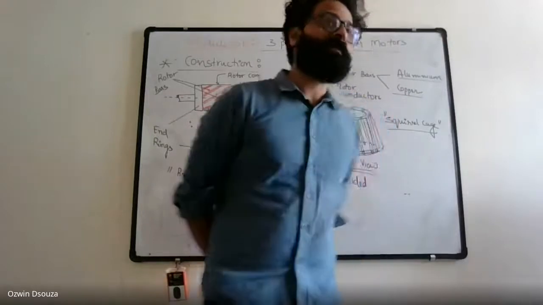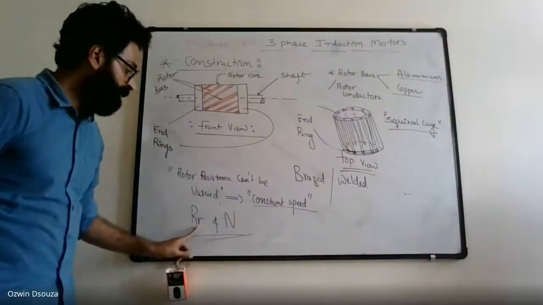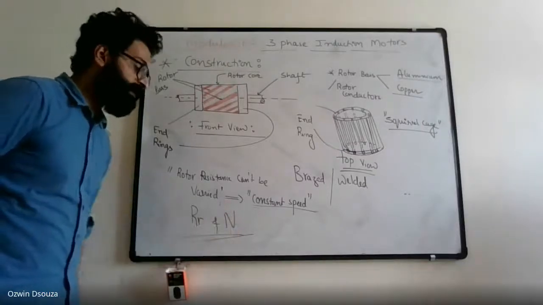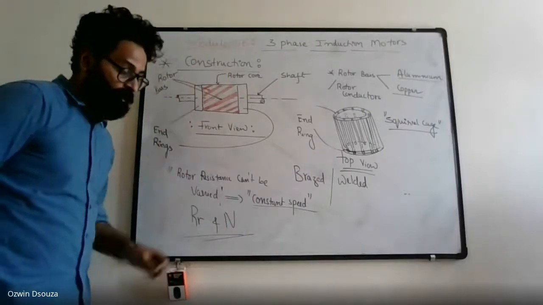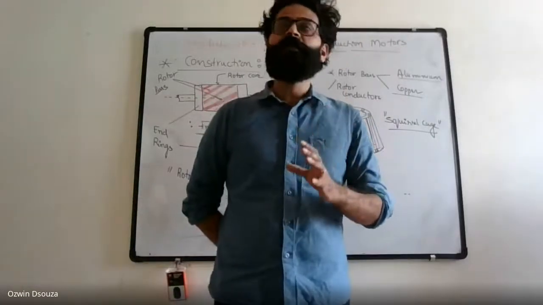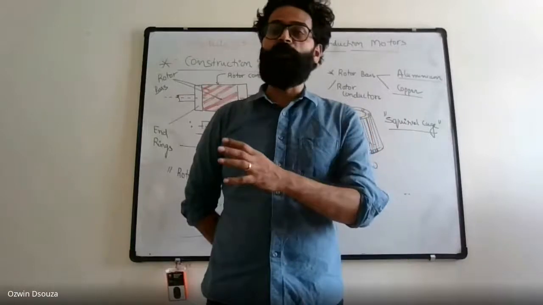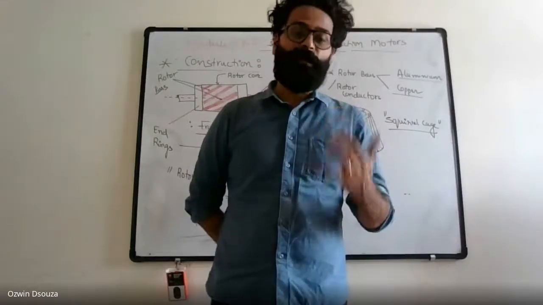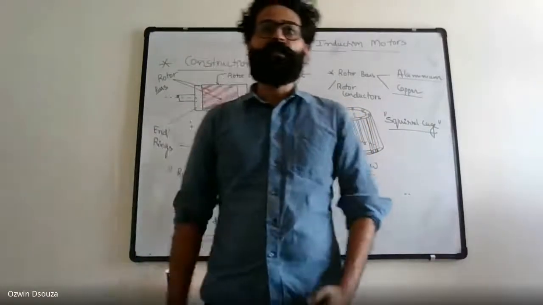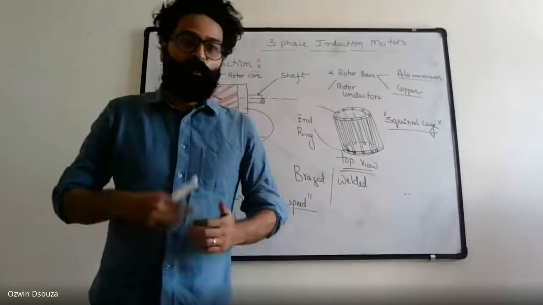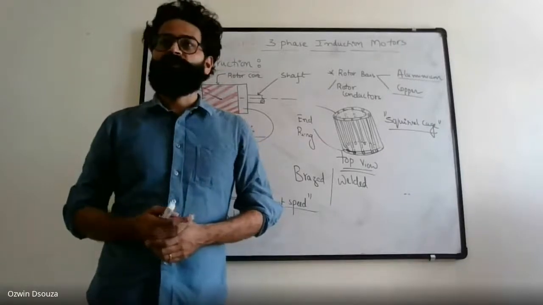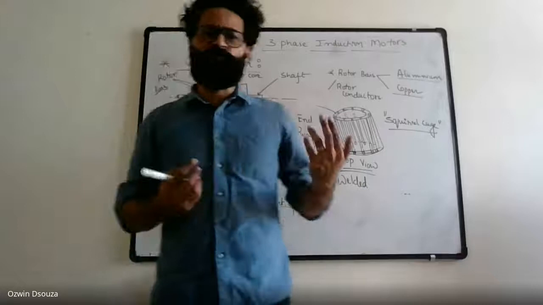By adding the external resistance, you can vary the rotor resistance, and by varying the rotor resistance, you will be able to vary the speed. So the induction motors used in electric vehicles are basically slip ring induction motors or phase wound induction motors, because electric vehicles require variable speed. On the other hand, the induction motors used in constant speed applications such as mixers and fans, wherein you don't have to vary the speed much.